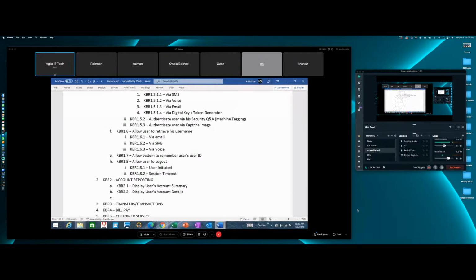What are some other major functions? KBR 2.3, allow user to switch between his or her accounts, correct? Yes. Guys, following? Yes.